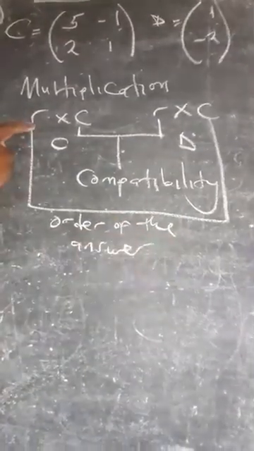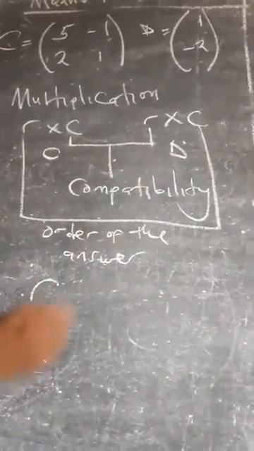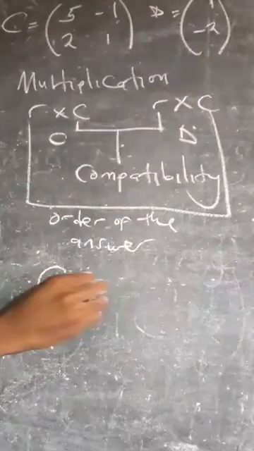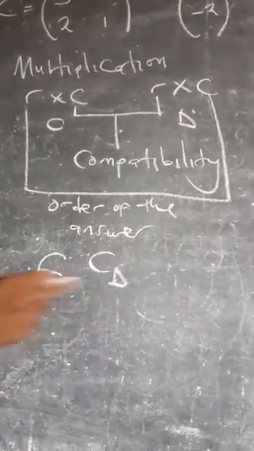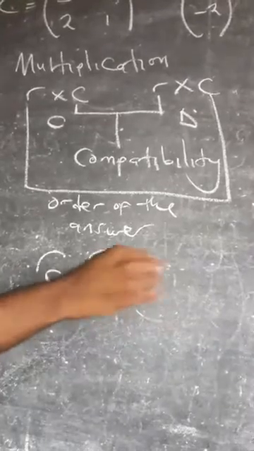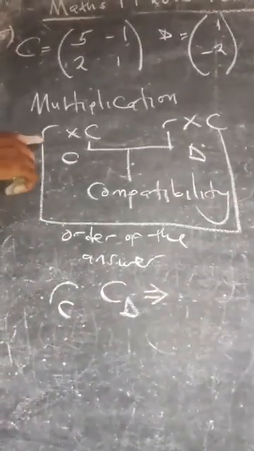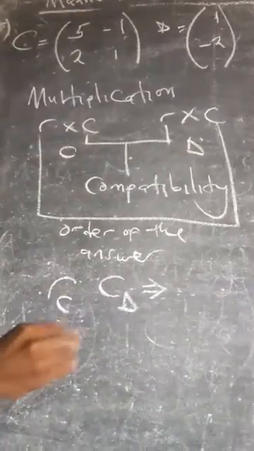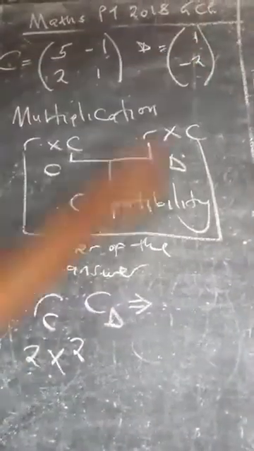The number of rows in the first one, C, and the number of columns in the second one, D, show you the order of the answer. So what do we mean? C is a 2 by 2 matrix. D is a 2 by 1 matrix.